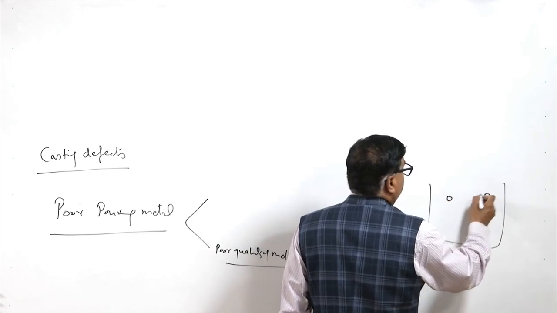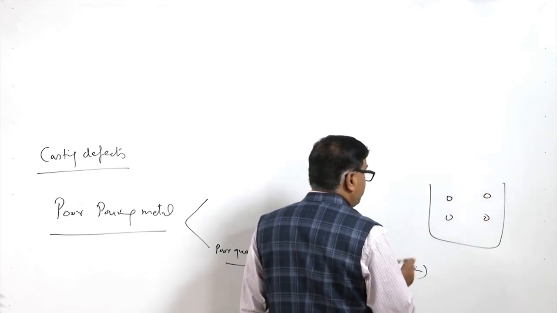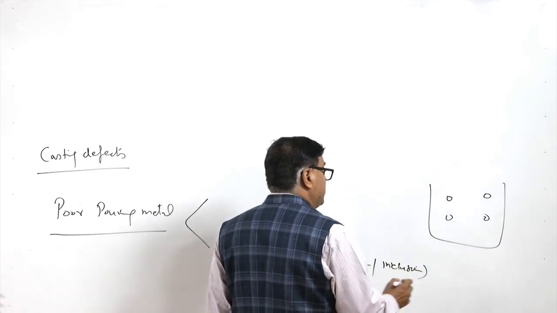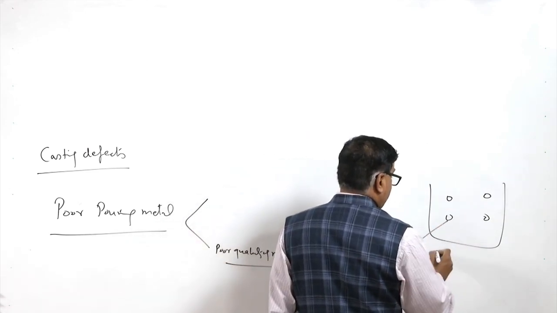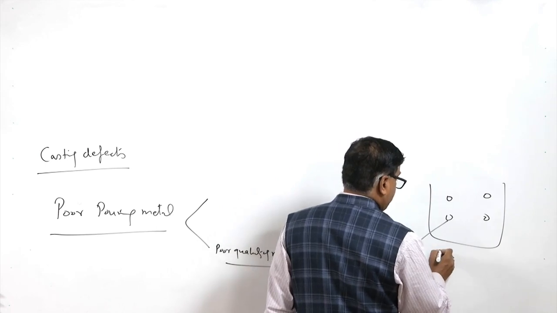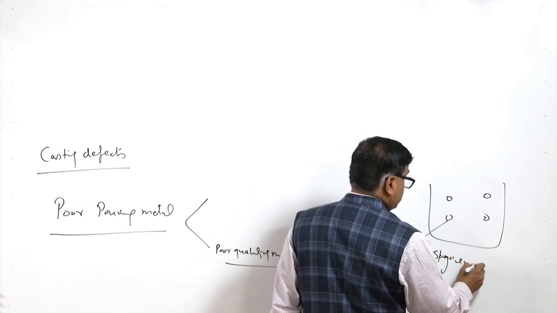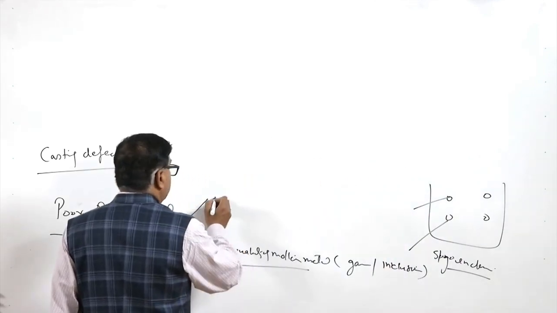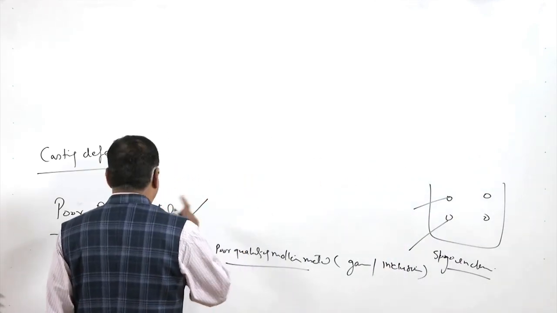So, we may have slag inclusions, or we may have gases dissolved with the molten metal. Both of these will be leading to the slag inclusions and the gaseous defects.